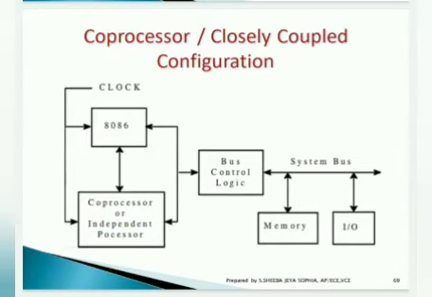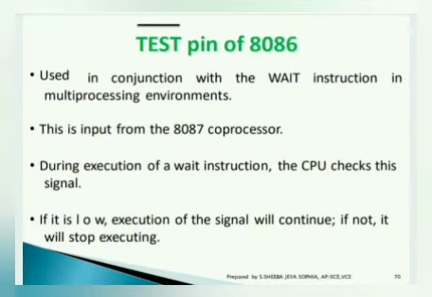The TEST pin here is used in conjunction with the WAIT instruction for testing in a multiprocessing environment, and the input is given from the 8087 coprocessor. During execution of this WAIT instruction, the CPU checks whether the coprocessor is available and in working condition. If it is low, then execution of the signal will continue. If not, it will stop the execution.